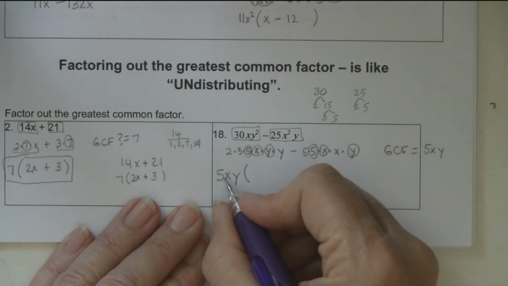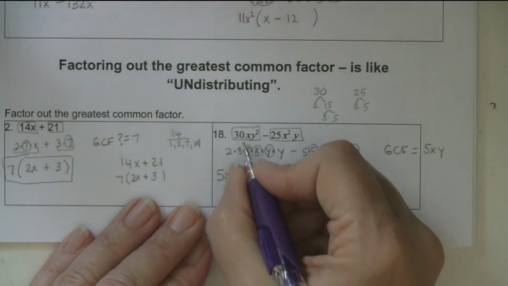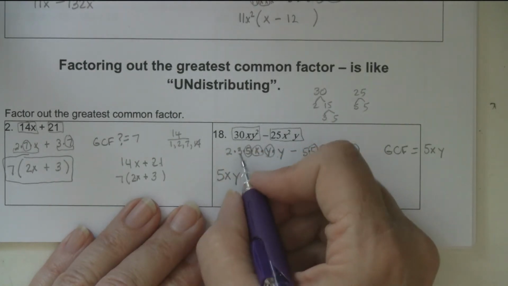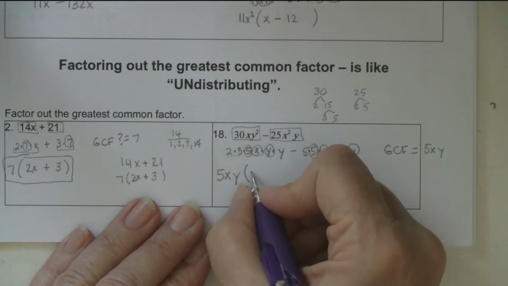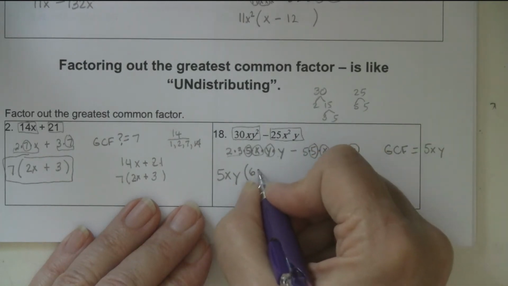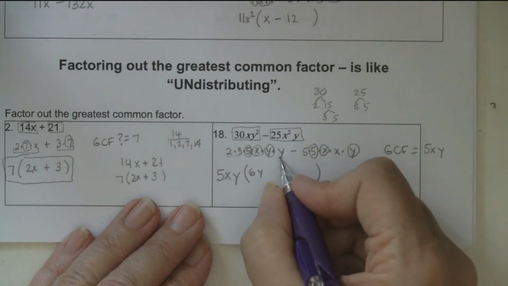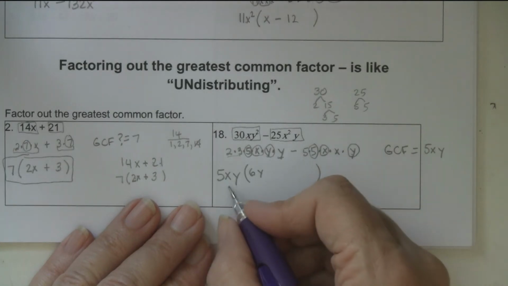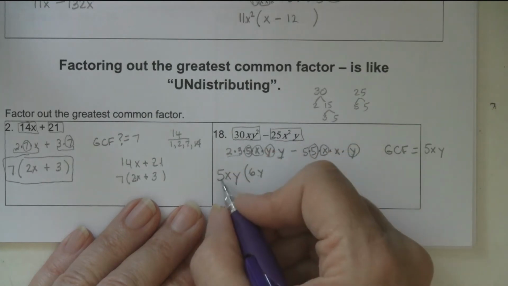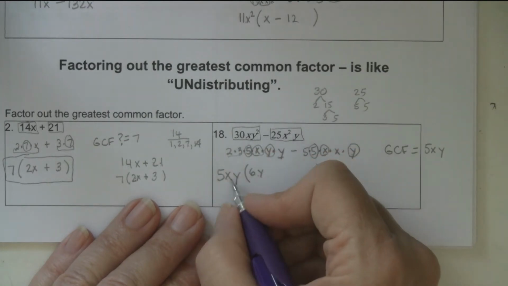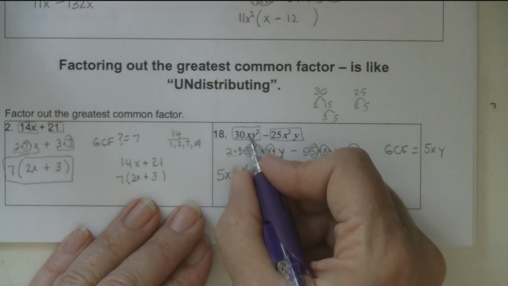And then you would have been saying to yourself, 5 times what is 30? Well, 2 times 3 is 6, times y. That's what I'm missing on that first piece. Those are the things I didn't circle. Notice when I multiply this and this together, I get that. 5 times 6 is 30. x, but no x to multiply by, so just x.